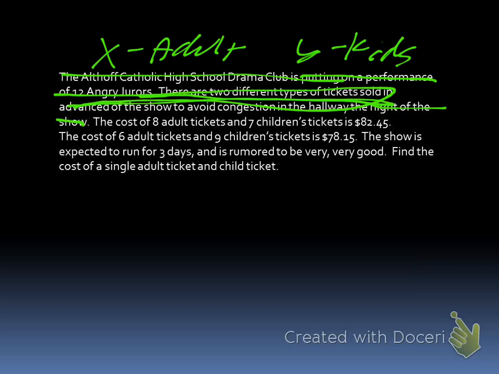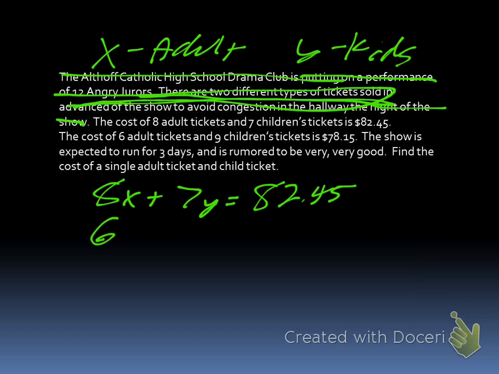Kids. Cool. So 8 adults, 7 kids, gives you $82.45. Next sentence, the cost of 6 adults and 9 children, $78.15.